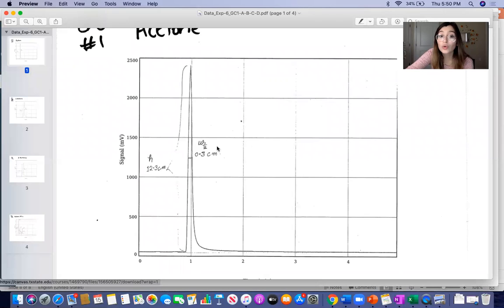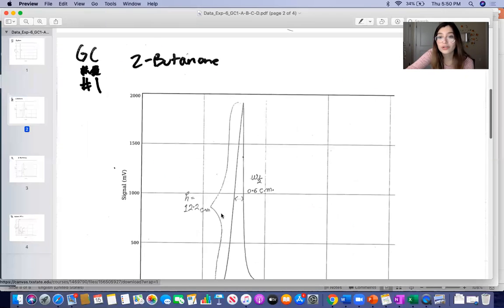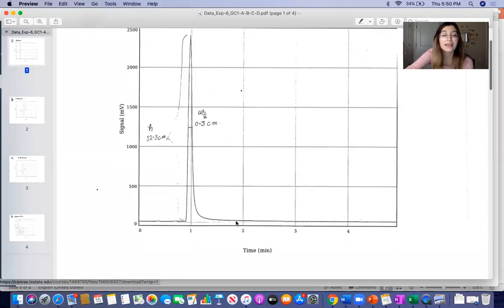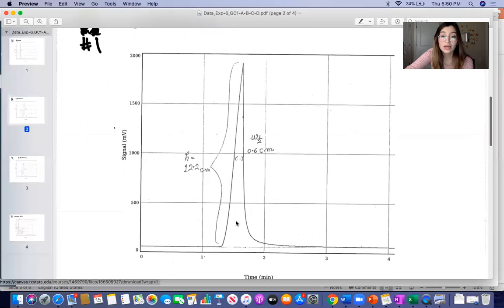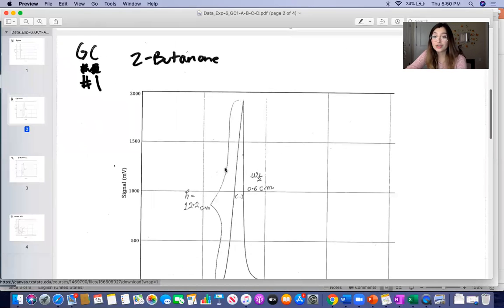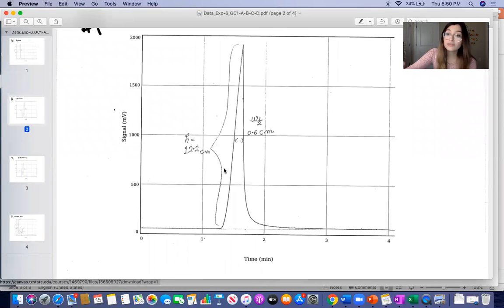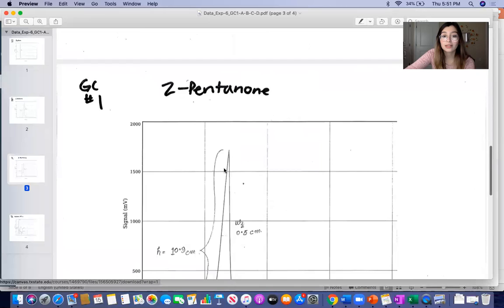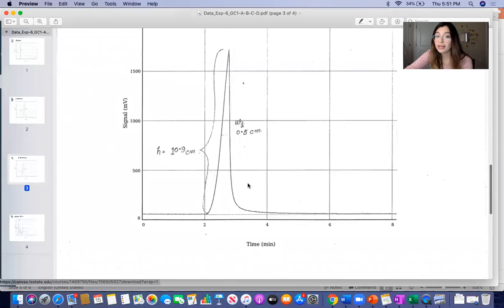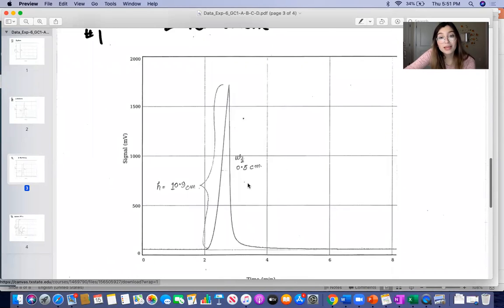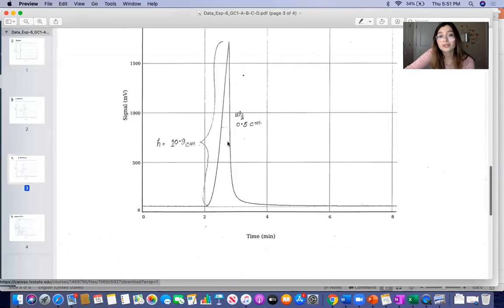Do not use the total area you gathered here for this graph, okay? I think that I explained it a little bit better now. So over here, you only have one peak too. It's going to have its own individual percent composition, its own individual total area, its own individual peak area. Same thing right here, only one peak. And you can tell you only have one peak because it's only one compound.